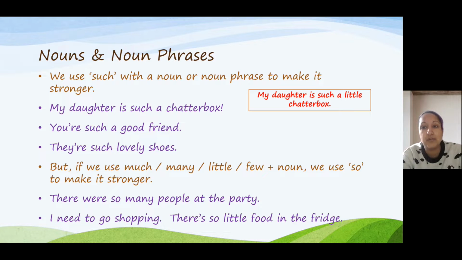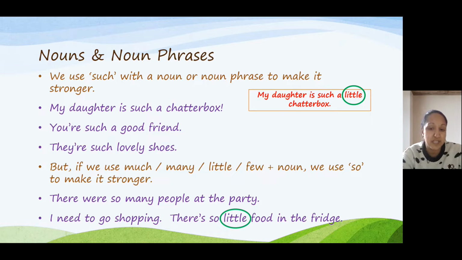If we look at this example, my daughter is such a little chatterbox. Here, little is used as an adjective to describe the chatterbox. So little chatterbox is a noun phrase here.